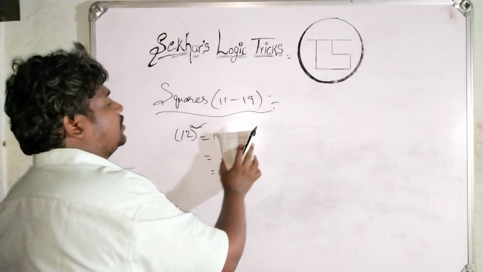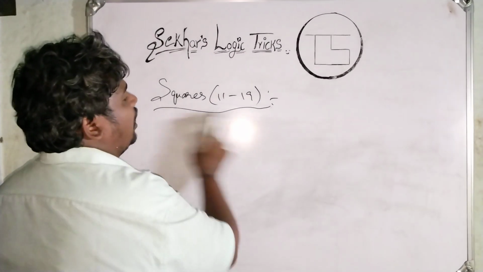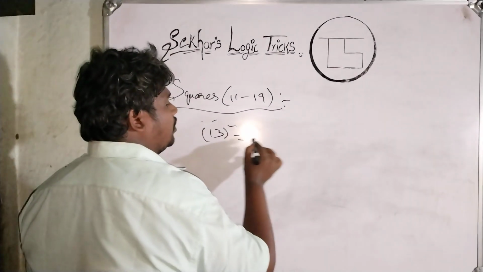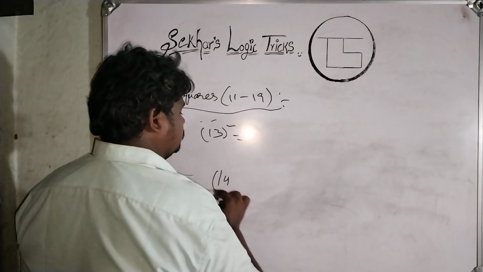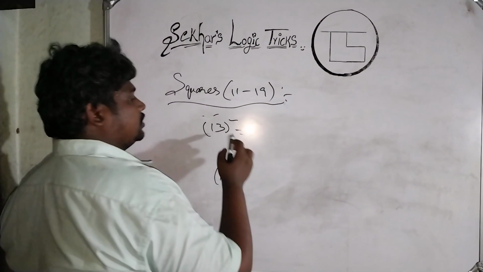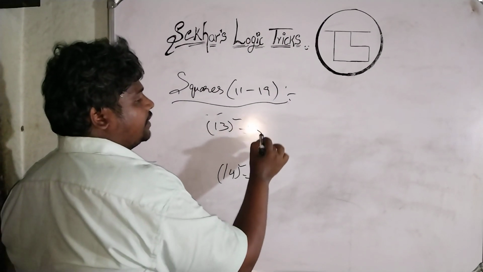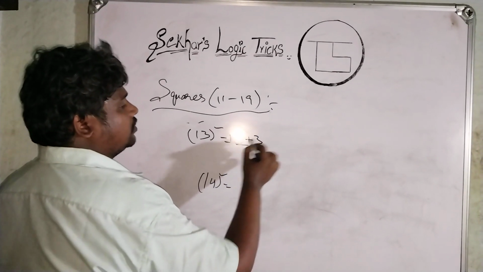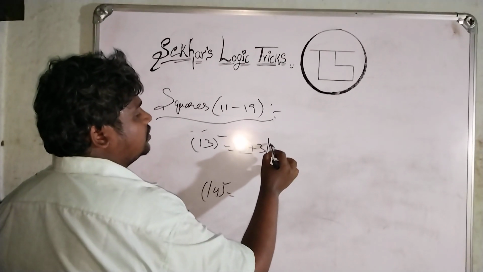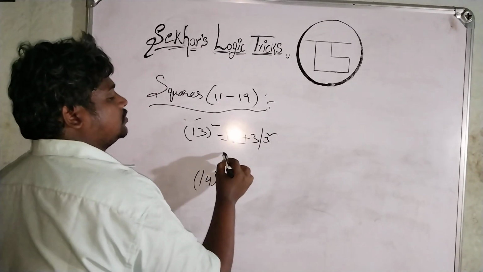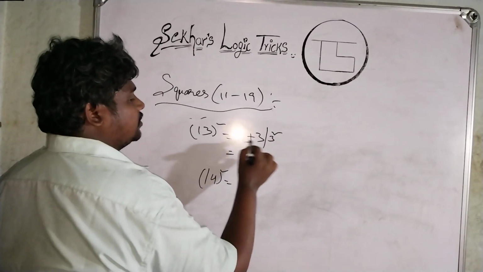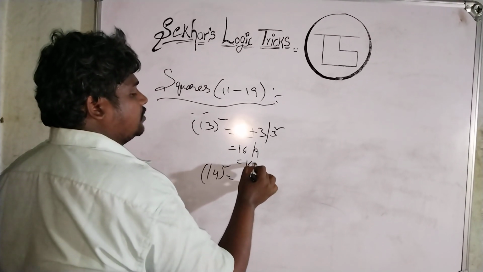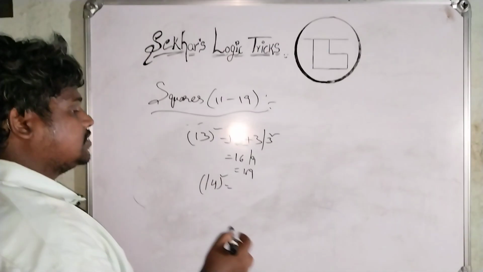Let us discuss other squares: 13 square and 14 square. 13 square is nothing but 13 plus the unit digit of this number, slash, the unit square. 13 plus 3 is 16, slash, 9, so 169 is the answer.